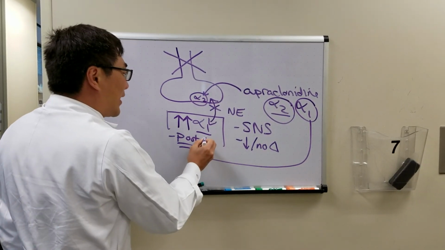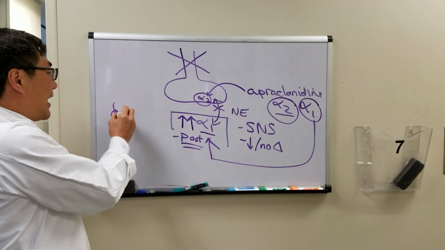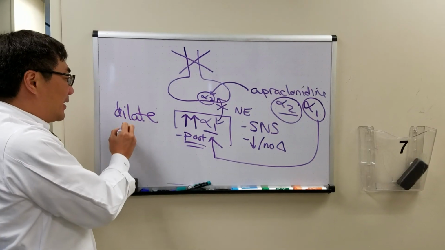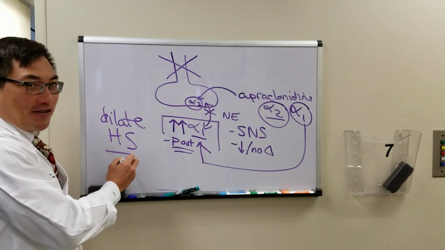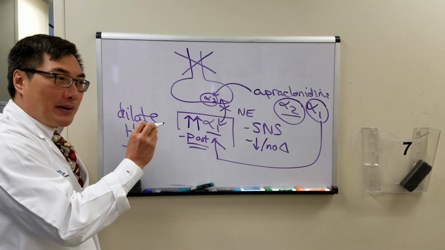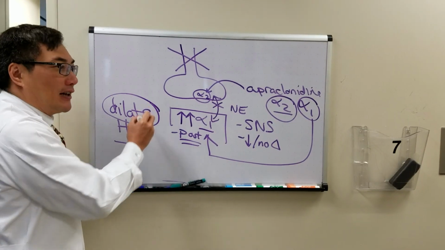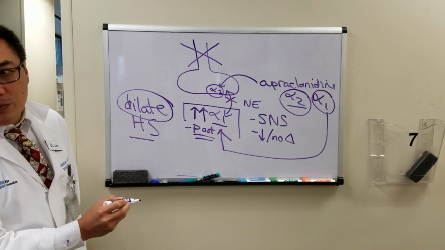And when the alpha-1 effect occurs, the pupil will dilate. And that means in a Horner syndrome, if you put apraclonidine, it might reverse the anisocoria. The small pupil becomes the big pupil, and the big pupil gets slightly smaller. But the endpoint of the test is dilation of the involved Horner syndrome miotic pupil.